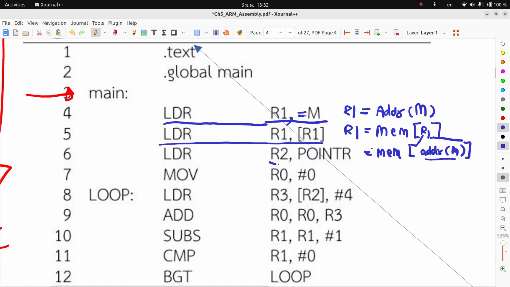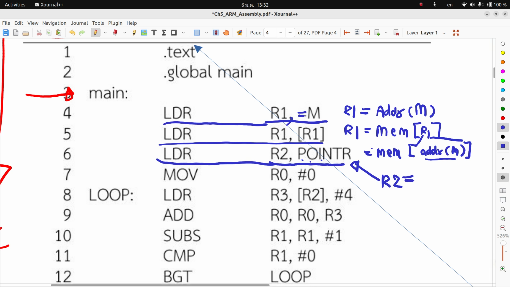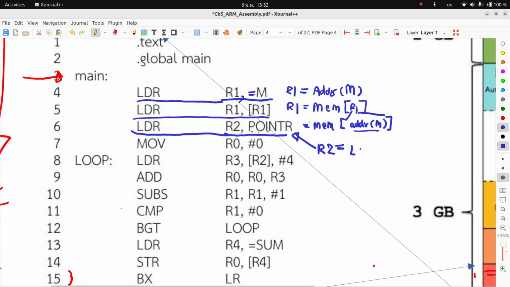The next line, LDR R2, POINTR. So this line means R2 equals to what? Equals to the address of num.